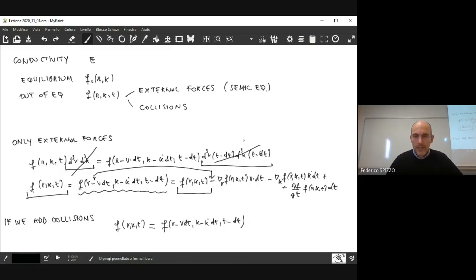Here we just pick up this equation, so the initial equation that we obtained before.